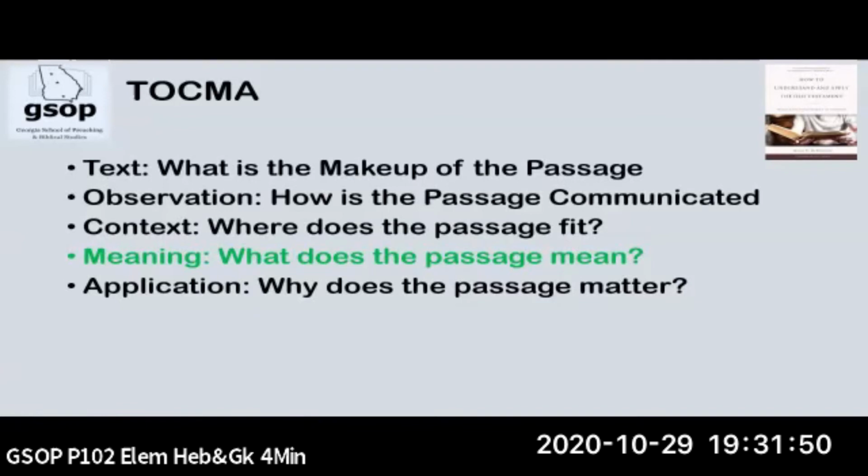A theme which occurs in Genesis may get modified or expanded upon, or even redirected, in the New Testament. That's one way. We're going to look more at that here momentarily.